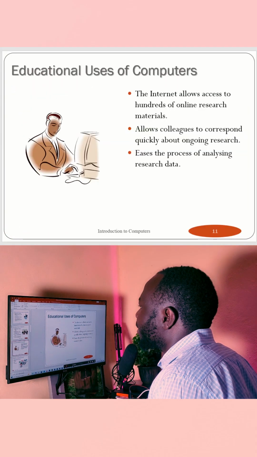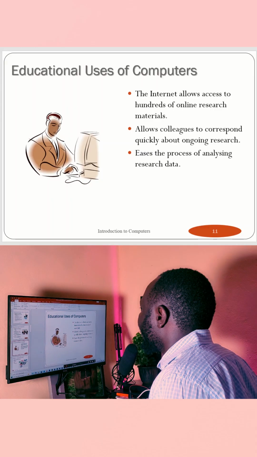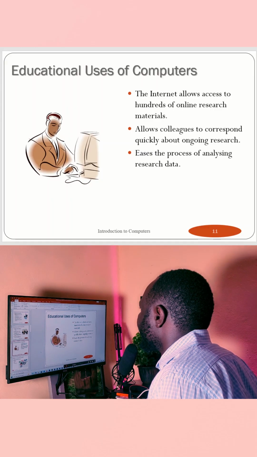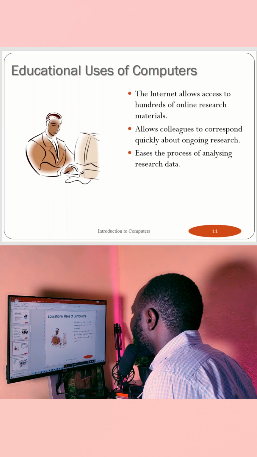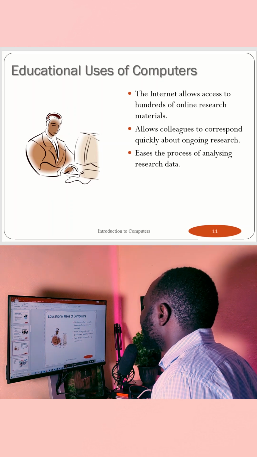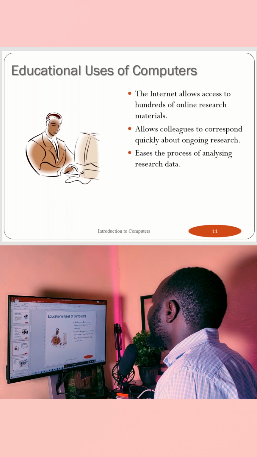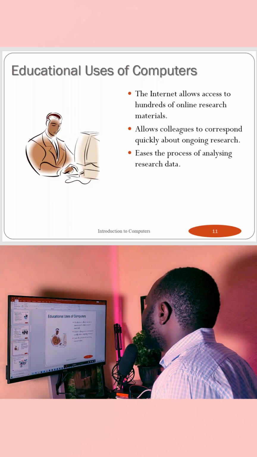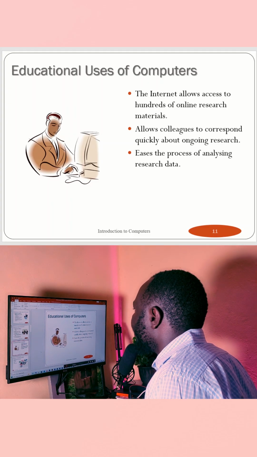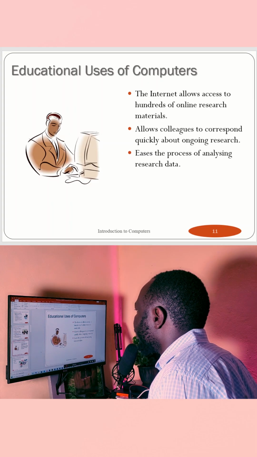So basically, we have just looked at a few areas when it comes to uses of computers, but in our discussion we are going to look at uses of computers in hospitals, in transportation, in businesses, that is in banking, in schools, in churches, in almost every area that we can look at. So I look forward to having that discussion with you.